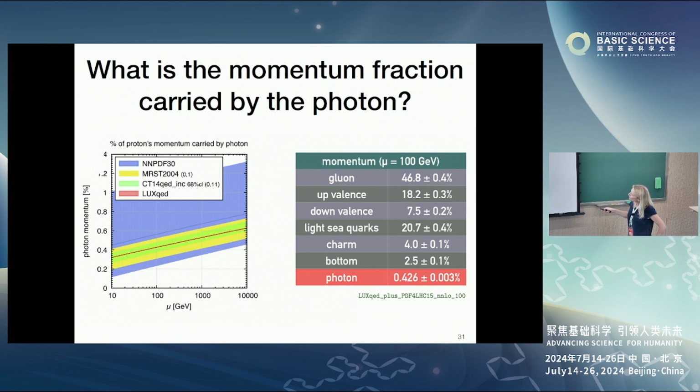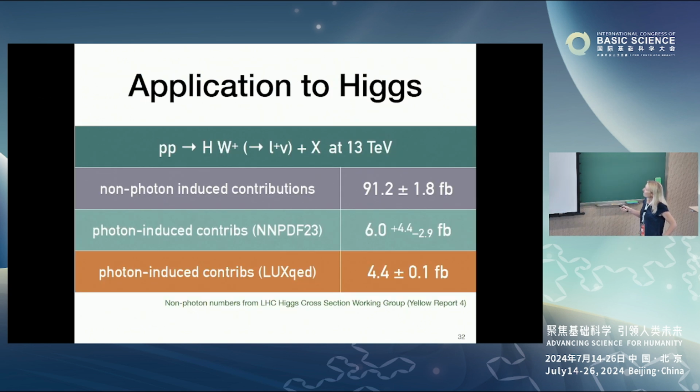This is also shown here, right? And these again were determinations by different distribution functions. As you see, the red is our uncertainty on this number. And I mentioned before that this uncertainty on the photon was one of the dominant uncertainties on a main Higgs production process. Now, to be concrete, the process was, for instance, associated Higgs production, Higgs in association with a W boson.